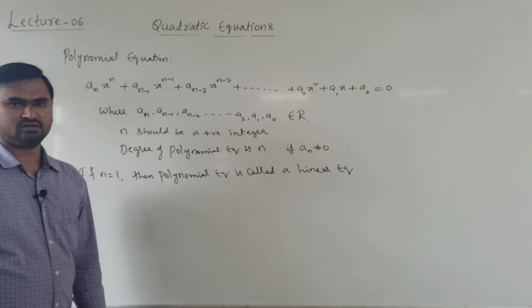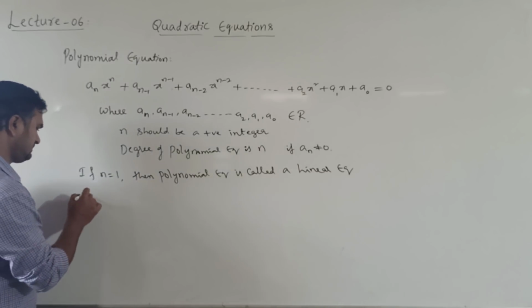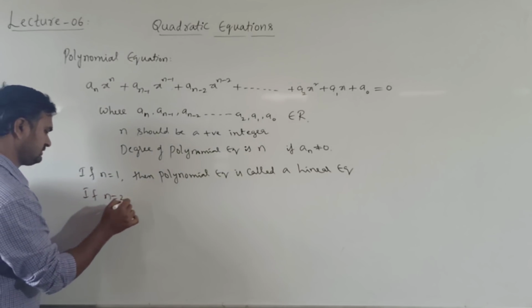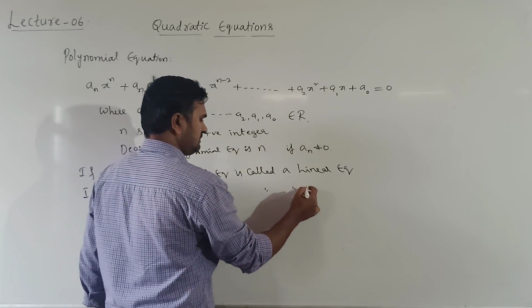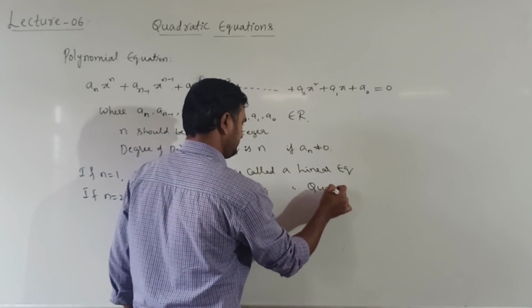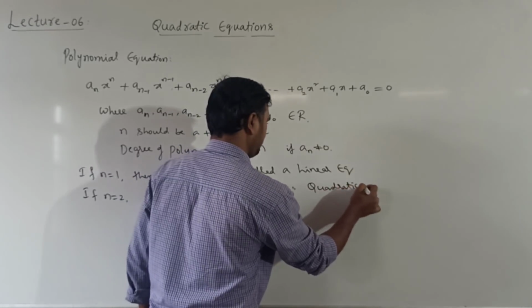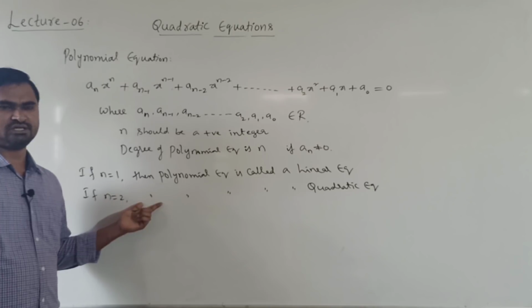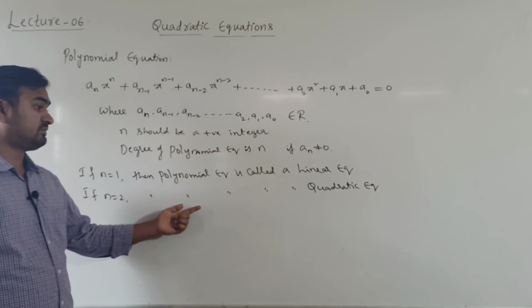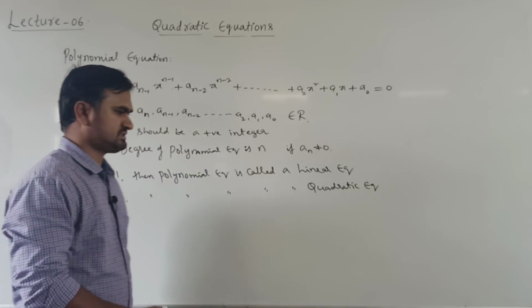If n is 2, the polynomial equation is called a quadratic equation. That means the degree is 2, the highest power is 2; only then is the polynomial called a quadratic equation.